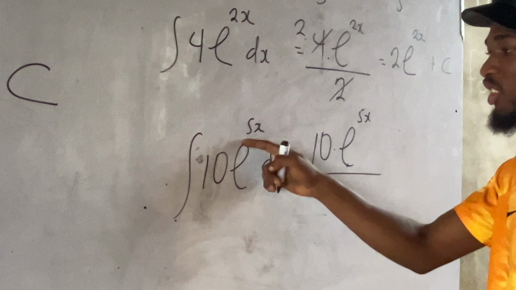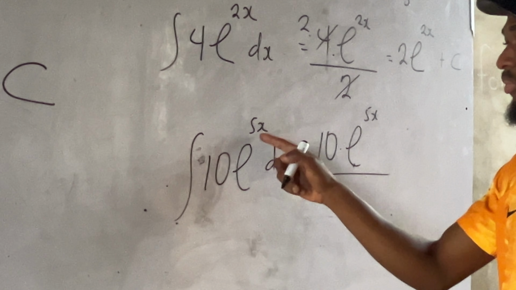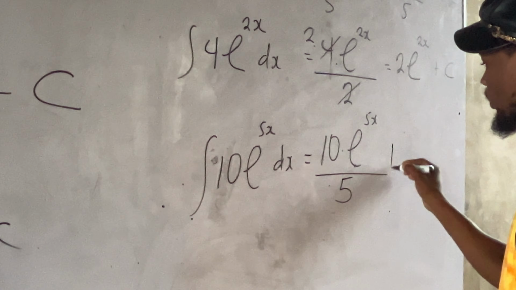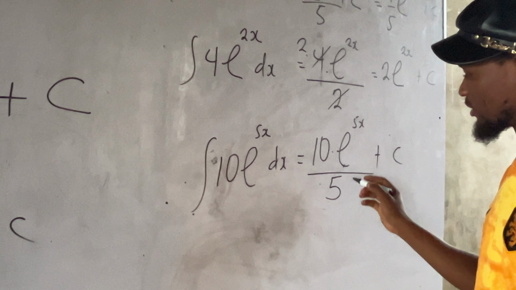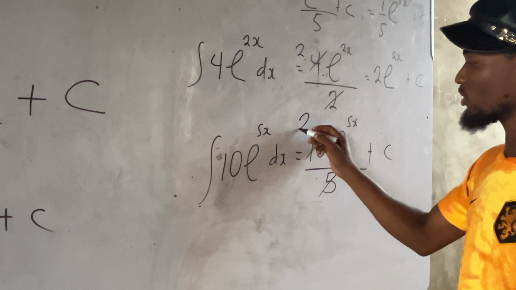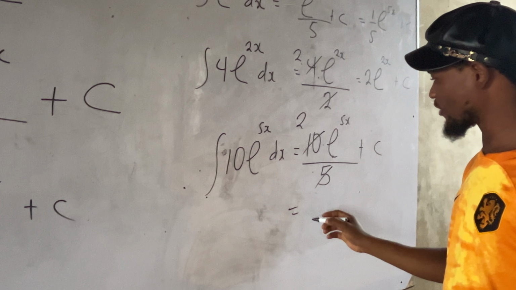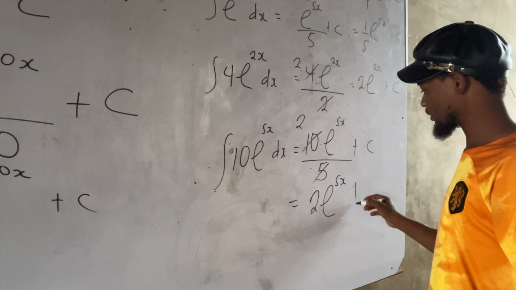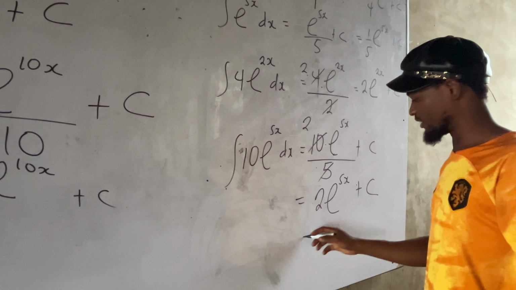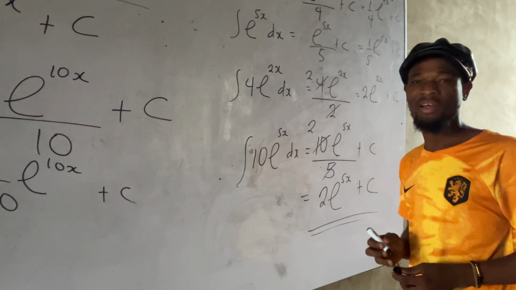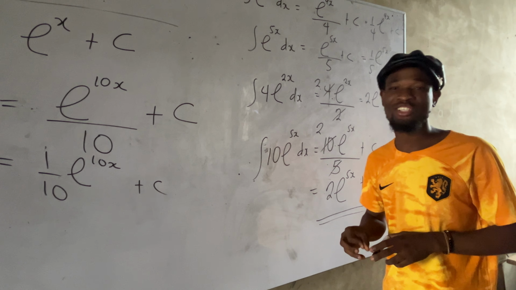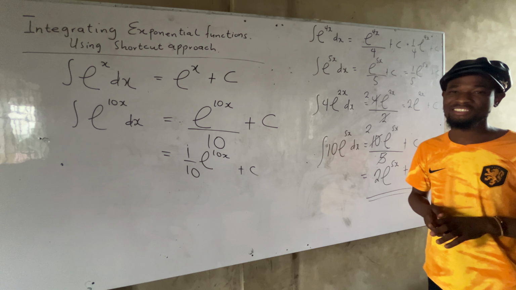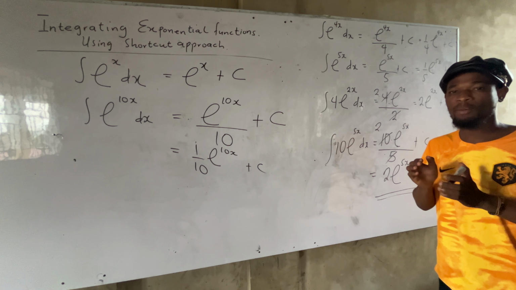When you differentiate 5x, you have 5. That will be your denominator, plus your constant of integration. Again, 5 divides 10 two times. So we have 2 exponential 5x plus the constant of integration. Viewers, this is the end of the tutorial on integration of exponential functions using the shortcut approach.